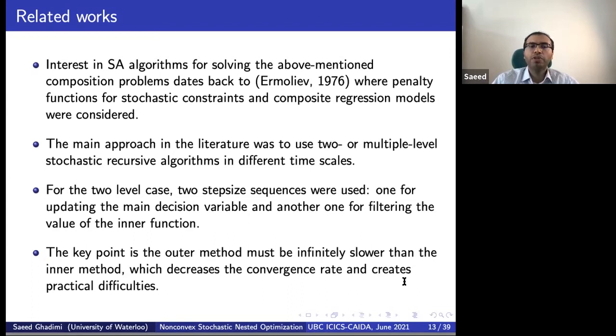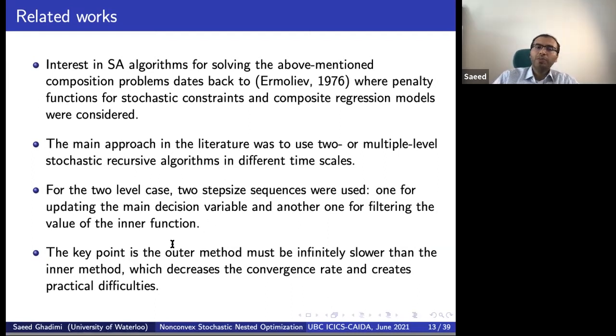Because when you have a composition of, for example, two functions, you also need to estimate the value of the inner function, since you want to estimate the gradient of the outer function at that inner function. So in addition to the decision variable x, you also need to estimate the value of the inner function at that point x.